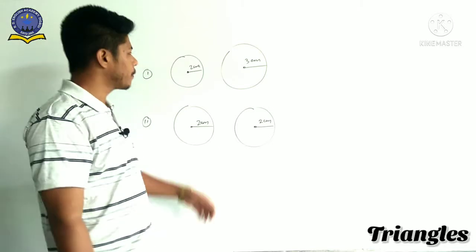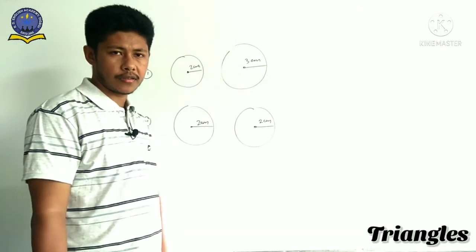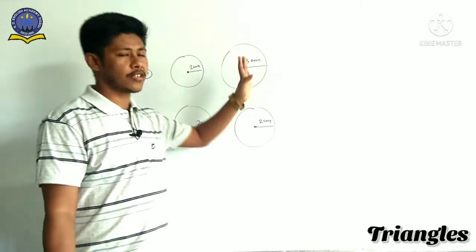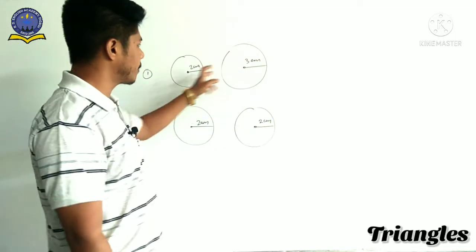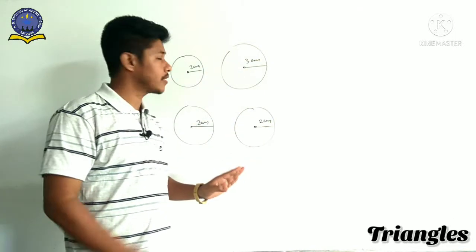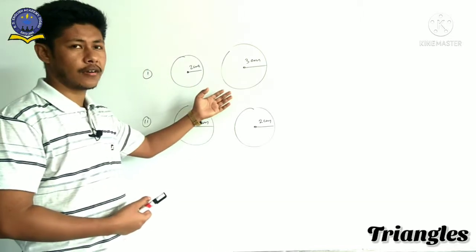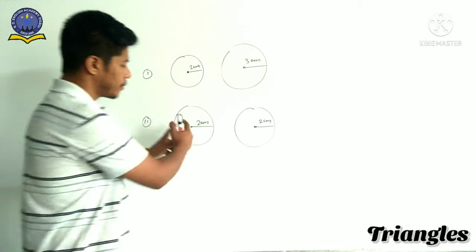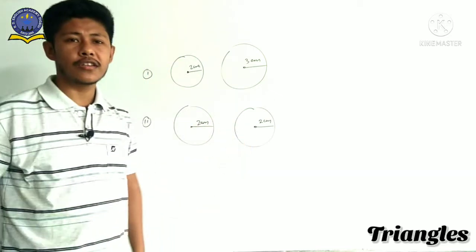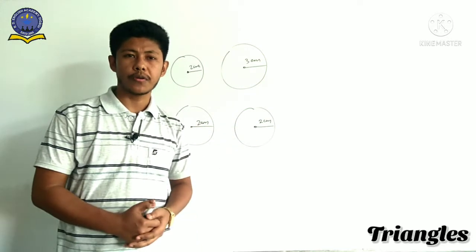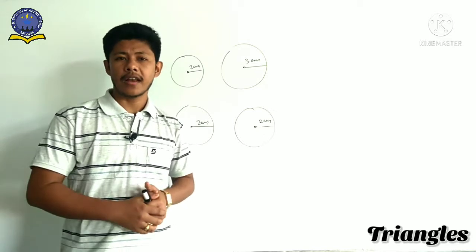Now if we get figures of 2 centimeter and 3 centimeter, obviously their shapes are the same but sizes are different, isn't it? So there is another name for these two figures. If shape and size are the same, it is known as congruent, which we discussed in class 9.